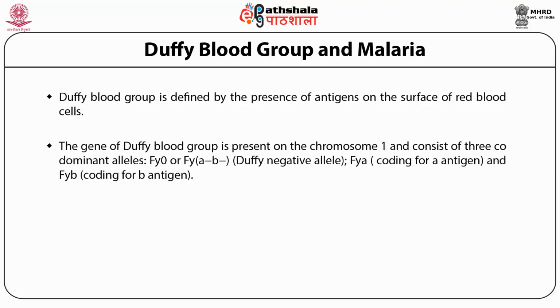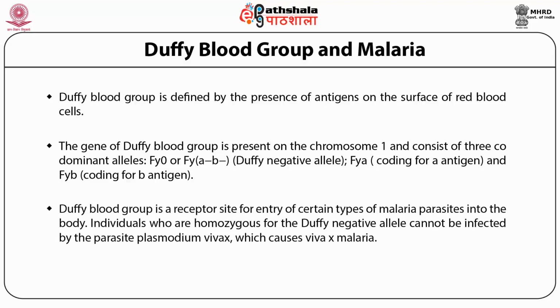The gene of the Duffy blood group is present on chromosome number 1. It consists of 3 codominant alleles: FYA, FYB, and FY negative. The FYA allele codes for antigen A, the FYB allele codes for antigen B, and the FY negative allele codes for neither antigen A nor B.